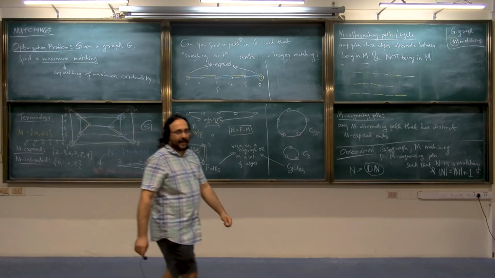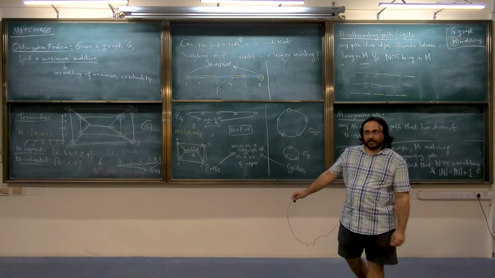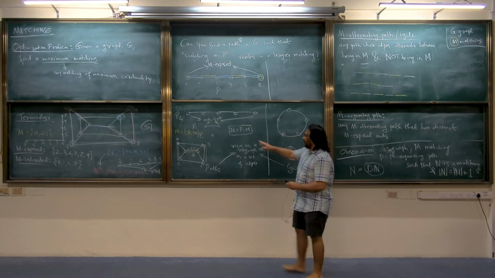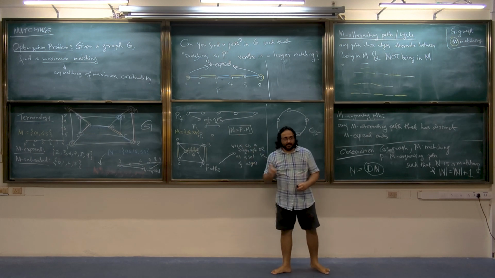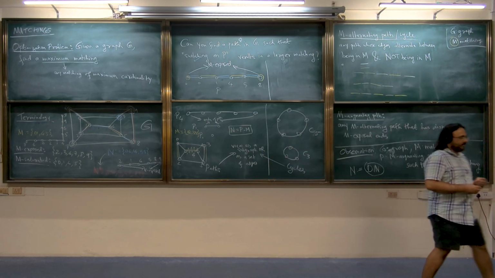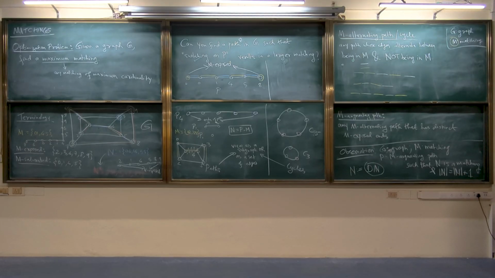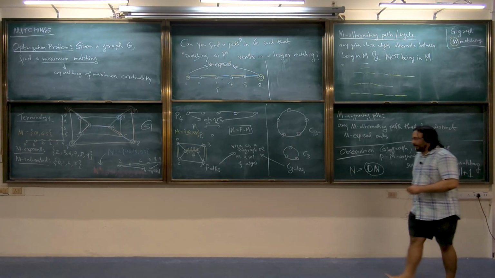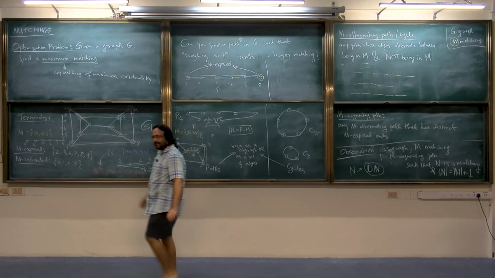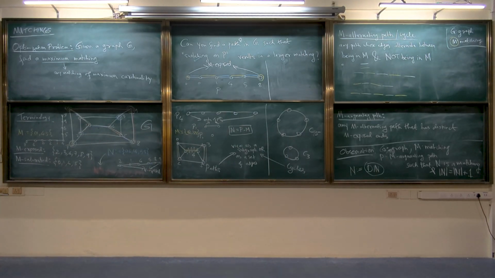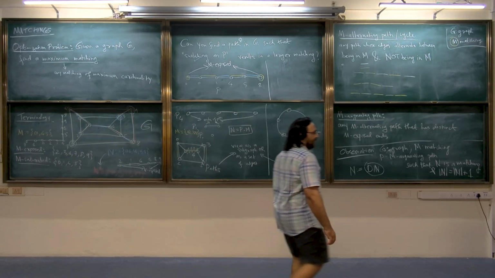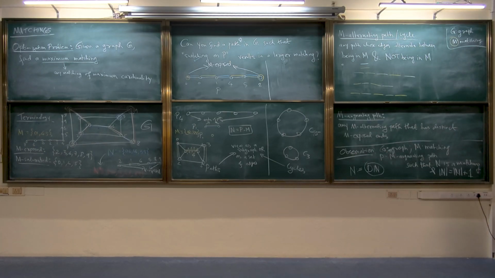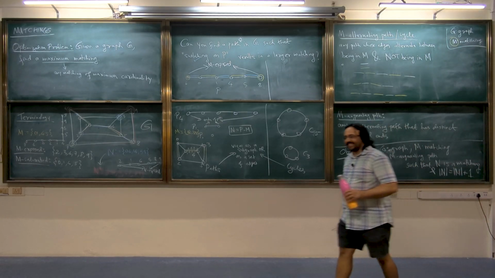If your path is spanning all the vertices, then what you are saying is correct. If your path does not span all the vertices, then this doesn't work. If it is spanning all the M saturated vertices, then this is correct. If it is not spanning all the M saturated vertices, then it is not.